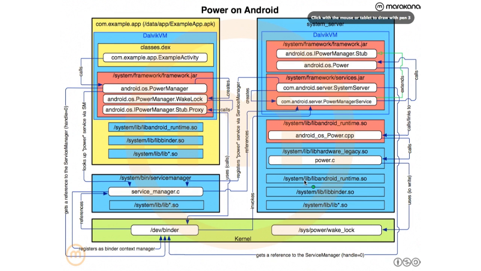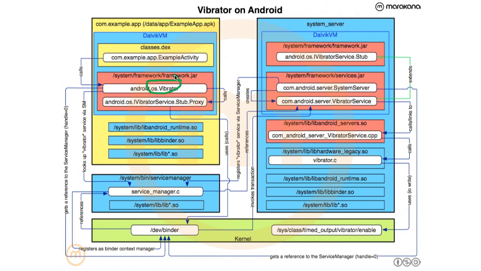So again, the purpose of the vibrator is to essentially hide from the client, you guys, the fact that you're even using binder, this IPC framework, because that tends to be not complicated, but involves a little bit of additional error handling, lookups and whatnot. You're just using a simple Java object.